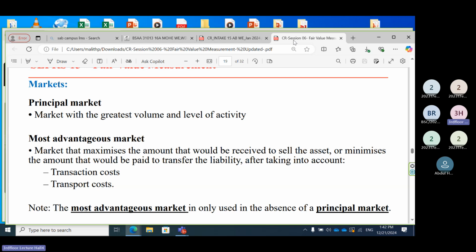If you have three valuation techniques: first, market value, income, and cost. Once you are doing market valuation, you have to get the market price. There are different markets in the country.